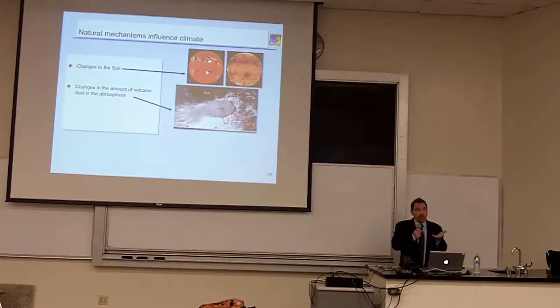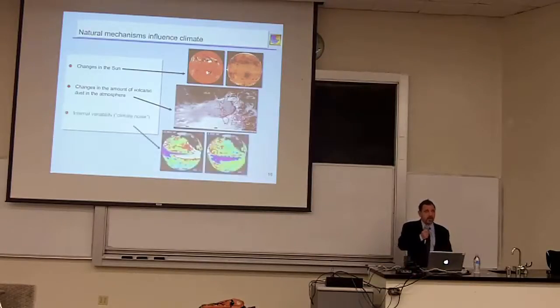And those droplets reflect some portion of incoming sunlight back to space, preventing it from penetrating deeper into the atmosphere. And the effect of a very large volcanic eruption is to cool, sometimes for years at a time. So we'll be looking at some of those volcanic eruptions a little later in this talk.